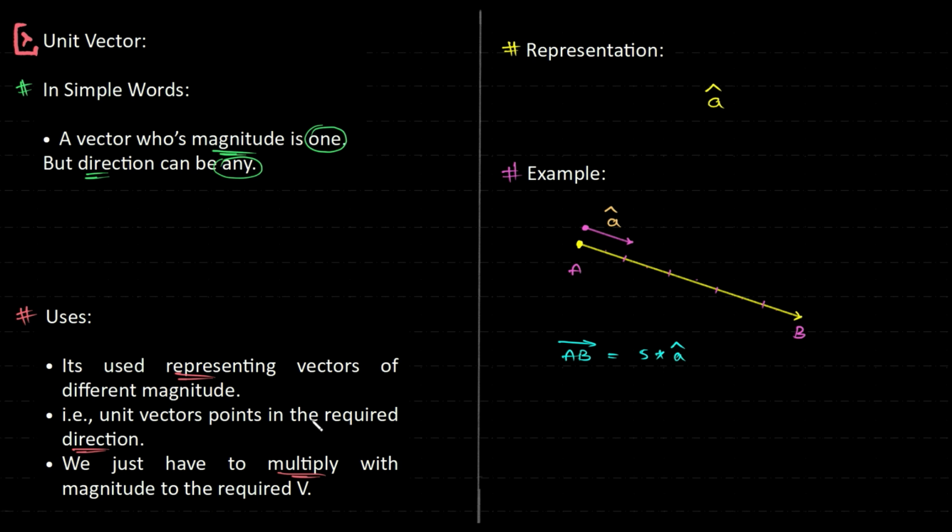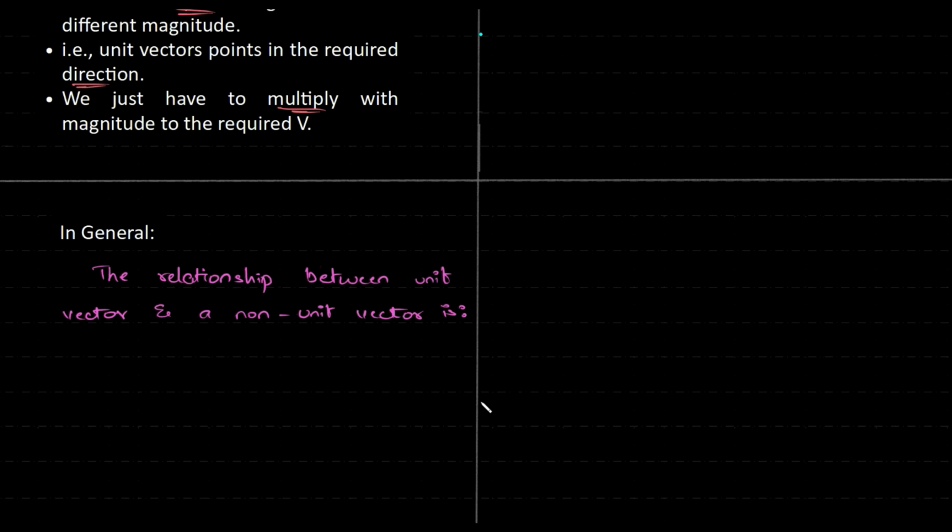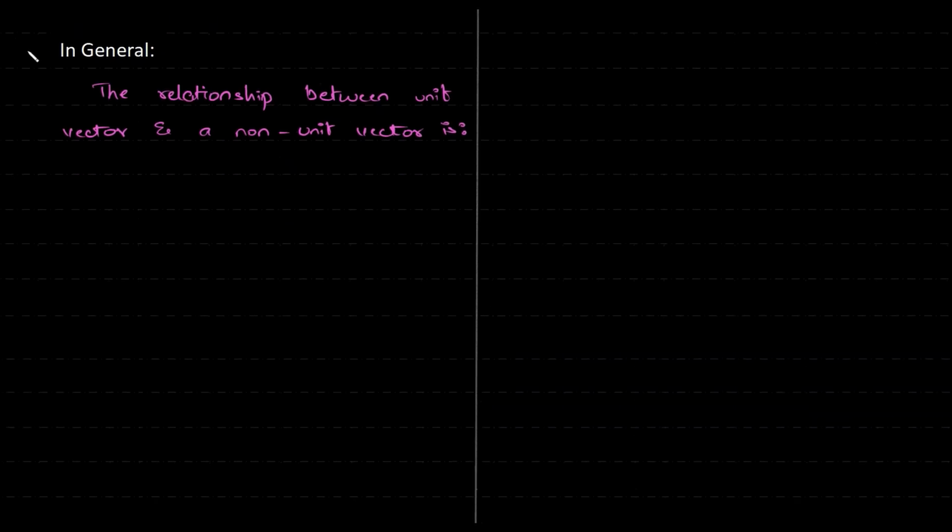Okay, so let me show you guys. In general, what we're looking at is the relationship between a unit vector and a non-unit vector. It would be something like this. So we have a non-unit vector, say A. It would be equal to lambda times unit vector A, where this lambda is a constant, right? So we can also rewrite this as, if I want to figure out the unit vector, it would be equal to the given vector divided by the constant.